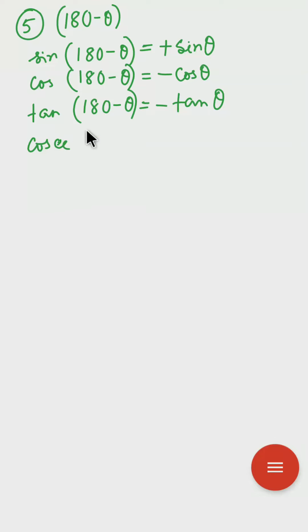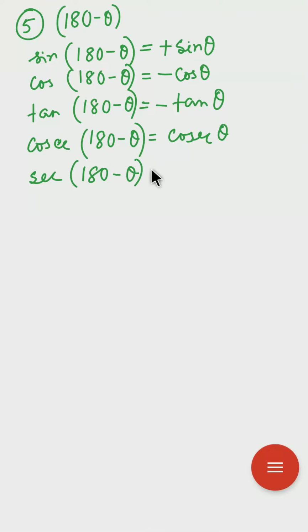Cosec 180 minus theta will be equal to cosec theta, or we can simply use 1 by sine 180 minus theta, which from here is 1 by sine theta, which is cosec theta. Here again, sec 180 minus theta, we can write 1 by cos 180 minus theta, which is equal to 1 by minus cos theta.